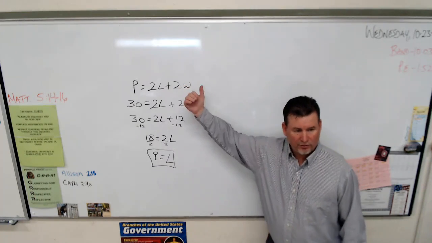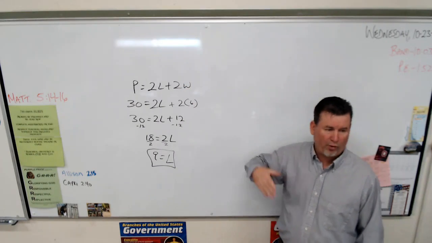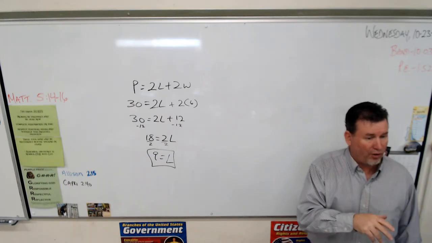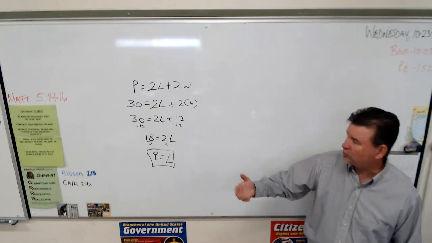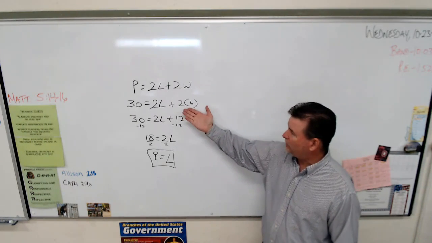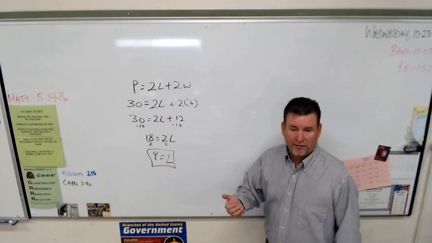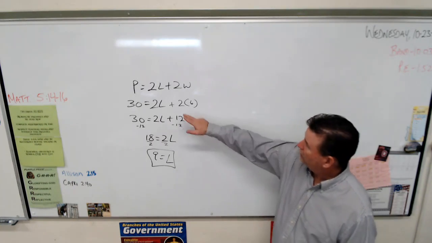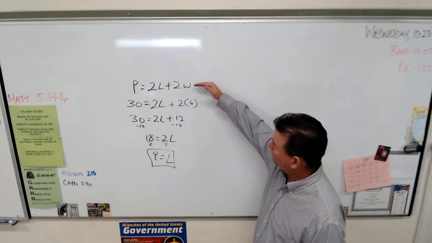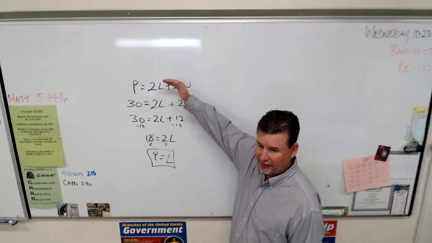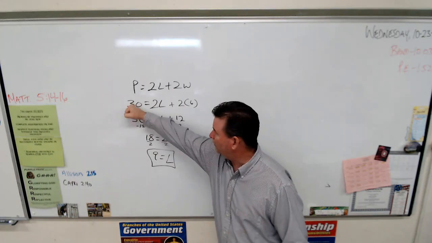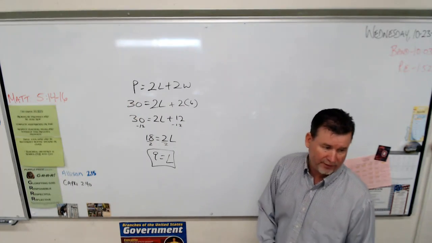Using my same strategy over and over again, solving, except I got to do a 2-step solution because first I had to subtract and then I had to divide. Does 9 work? What's 2 times 6? 12. What's 2 times 9? 18. What's 18 plus 12? 30. I did it right.